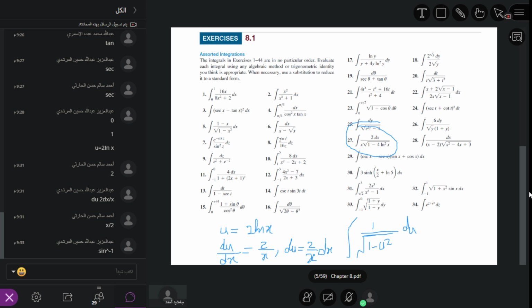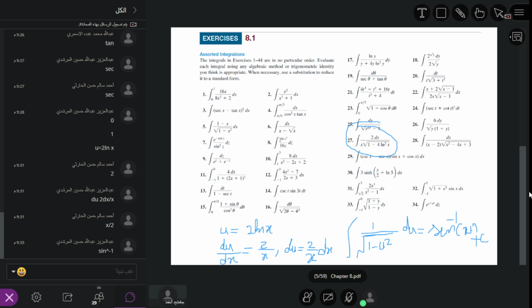So here it is sine inverse, not minus sine inverse x. Yes, you are correct, Abdul Aziz. So here we have sine inverse u plus a constant, because we are dealing with an indefinite integral.